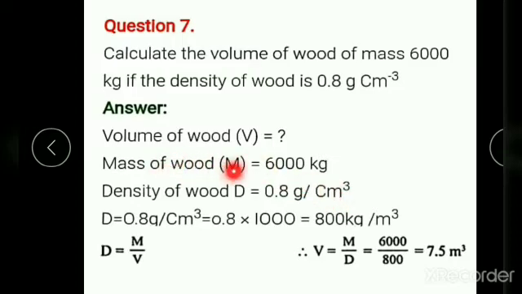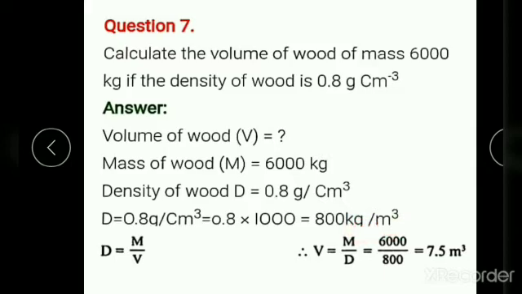Since the mass is given in kg, you have to convert this density into kg per meter cube. You multiply by 1000, right? So 0.8 into 1000 gives you 800 kg per meter cube.